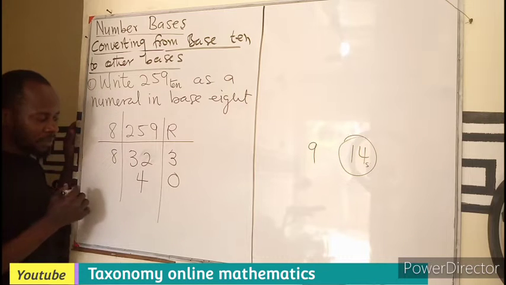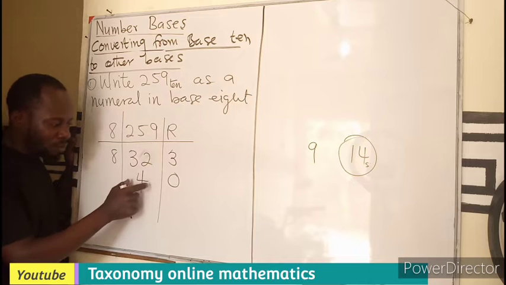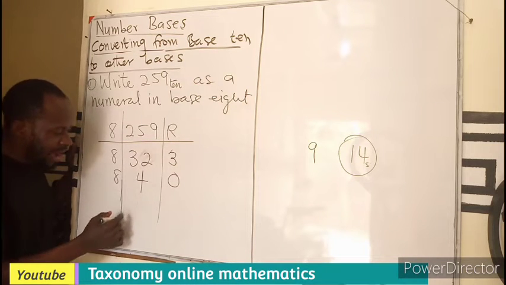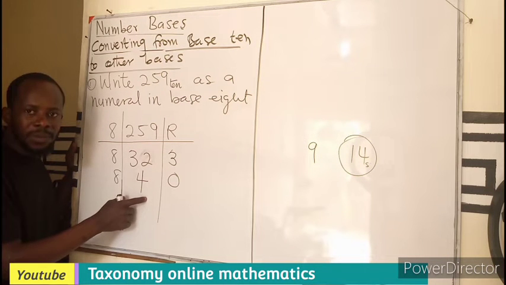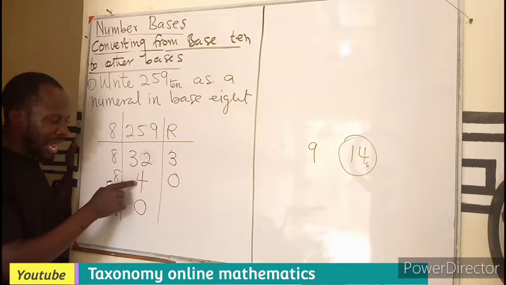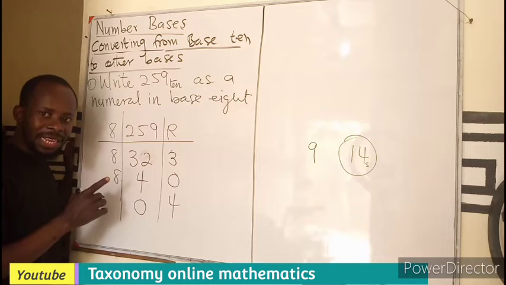0. This is still under base 10. So I have to make sure 8 divides this. Now when 8 divides this, it will go there how many times? It cannot go. So it goes here 0 times. Remainder what? The single digit, which is 4. Let me take it again.